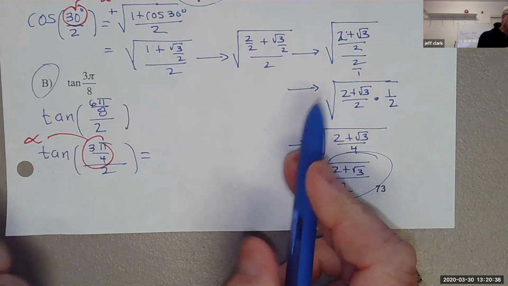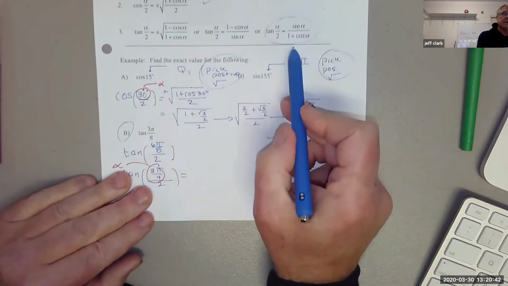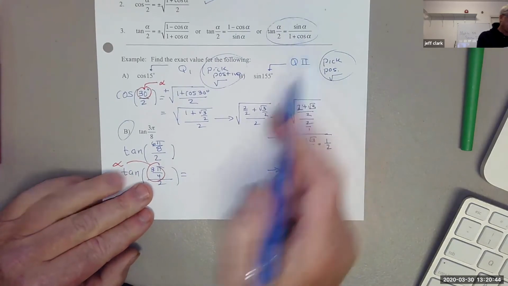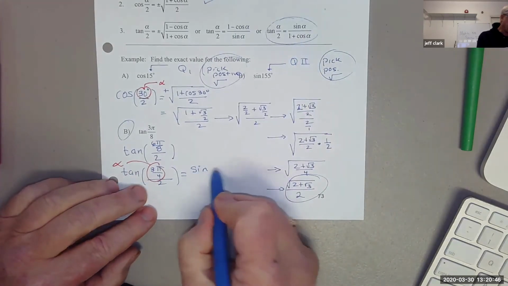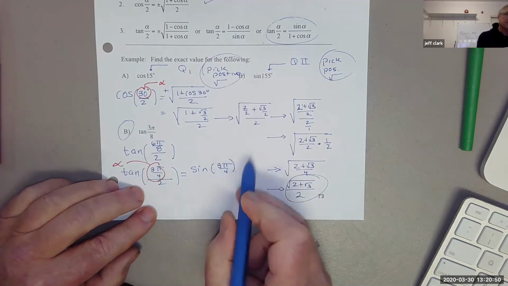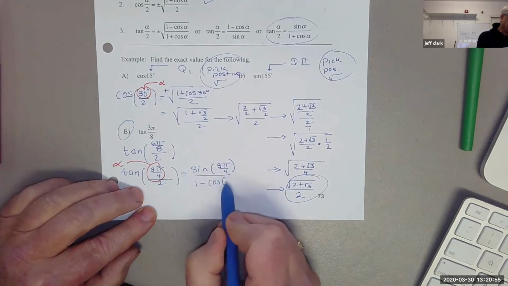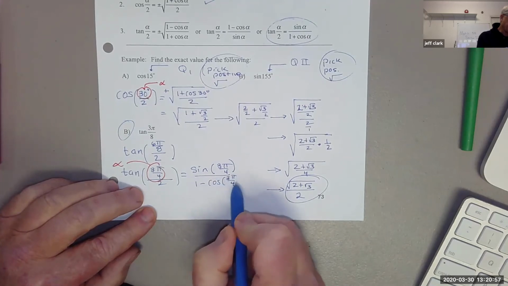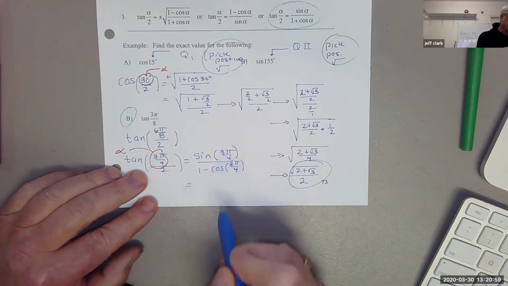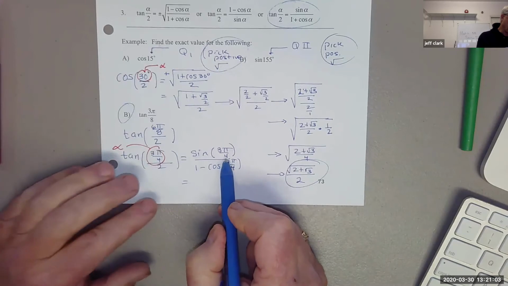So here we go. We're going to use this one here. So I want sine of the alpha, which is 3 pi over 4, all over 1 minus cosine of 3 pi over 4. Sine of 3 pi over 4 on the wheel, that gets me in quadrant number 2.